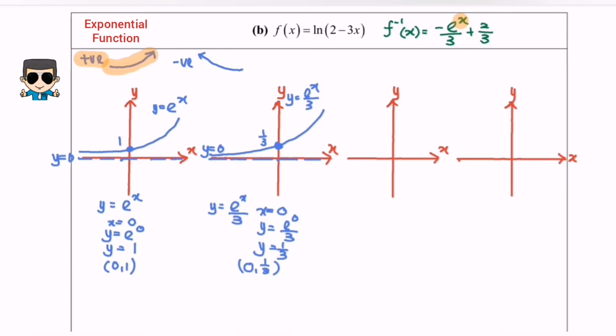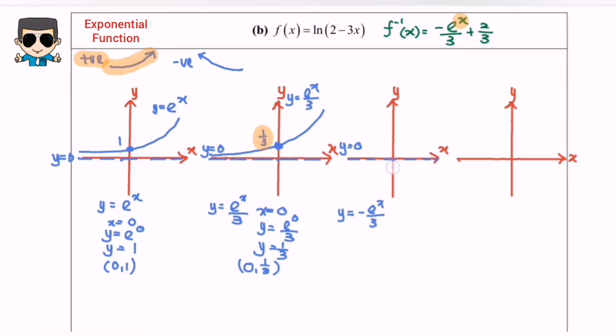Third step, we need to multiply with negative, so y equals negative e to the power of x over 3. The horizontal asymptote will still be the same, because y equals 0 multiplied with negative is still 0. But now the situation has become different, because the value 1 over 3 we need to multiply with negative, so it becomes negative 1 over 3.